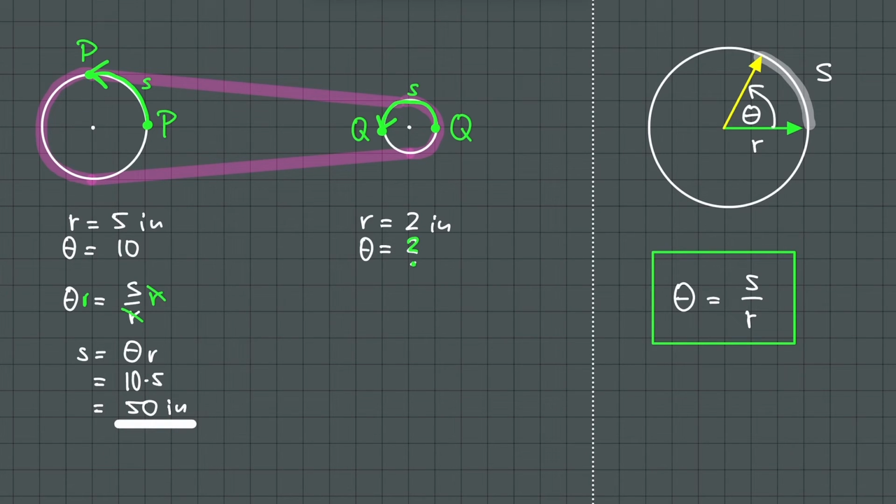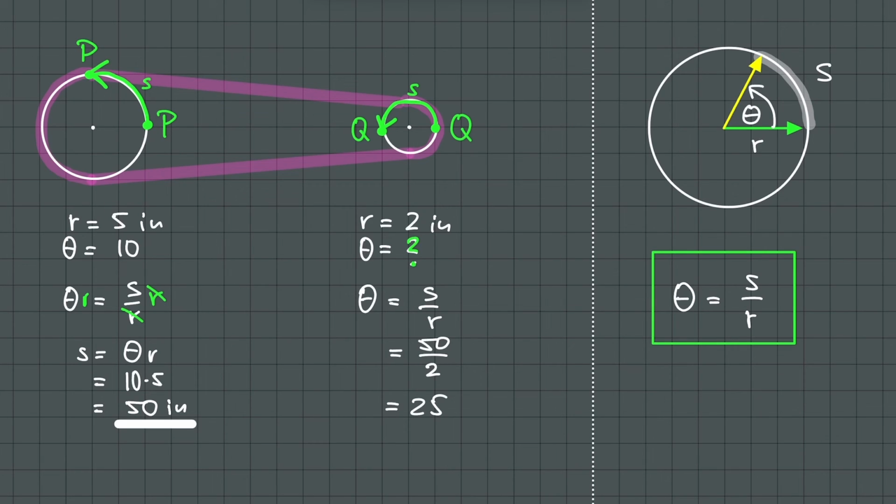Recall that the point Q on the smaller pulley will also travel 50 inches when the point P on the larger pulley travels 50 inches. So we plug in 50 inches for s and 2 inches for r to get the angle theta of the smaller pulley. 50 divided by 2 is 25.